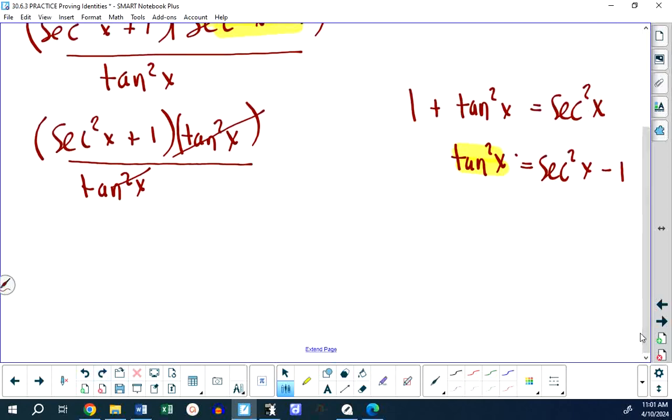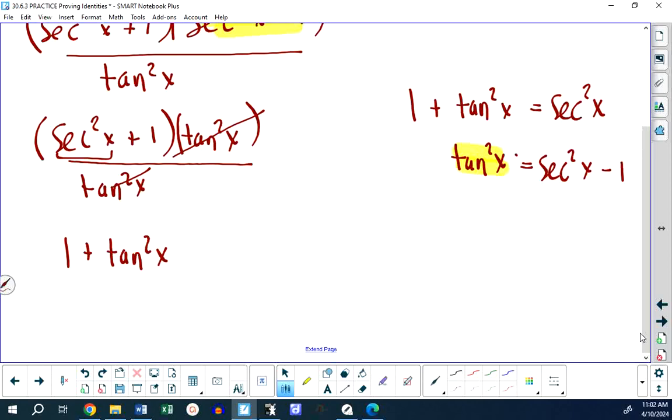So now we're left with secant squared of x plus 1. Well, depending on how you look at it, and I was not going to look at it this way, but if I look at it in the right way, we're just about done. Because what I can do is for secant squared of x, I can put 1 plus tan squared of x. So this is 1 plus tan squared of x.